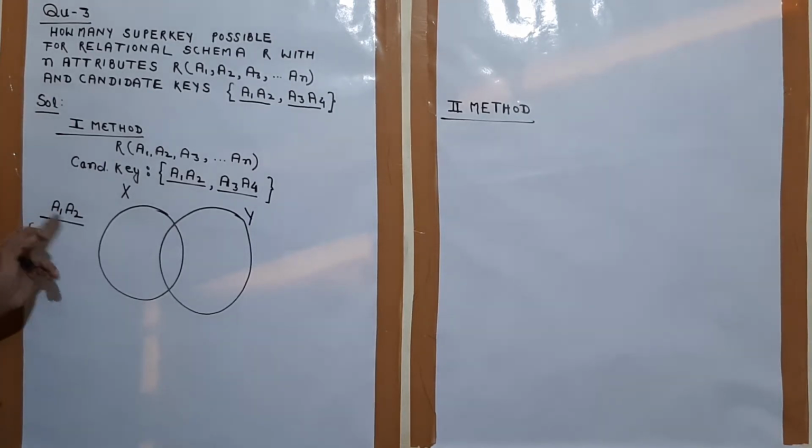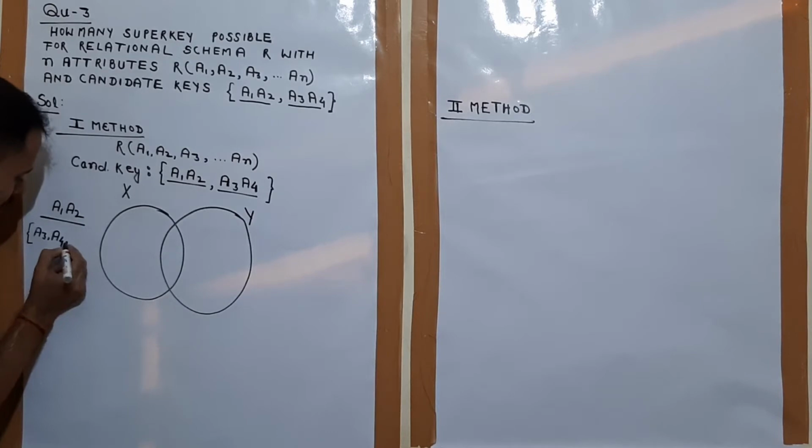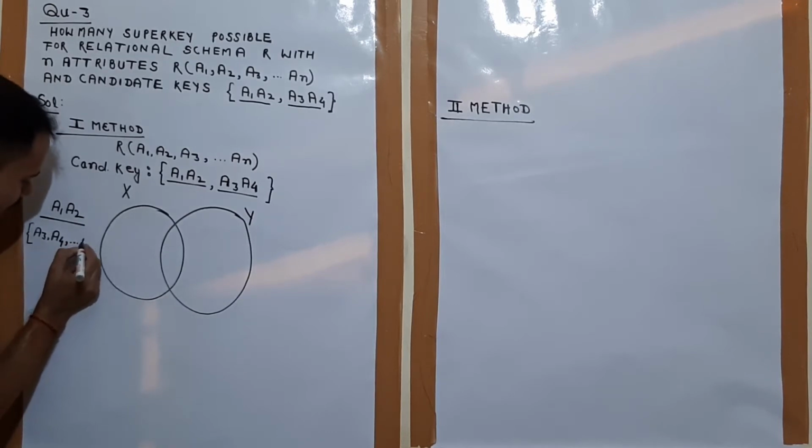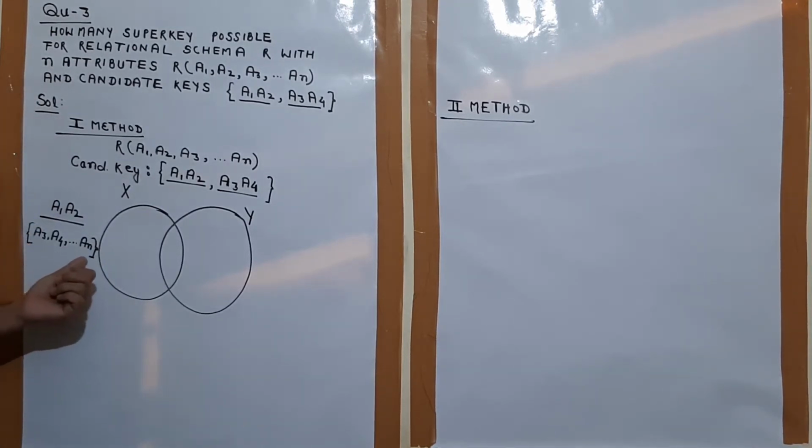After leaving A1, A2, the other attributes are A3, A4, A5 to An.